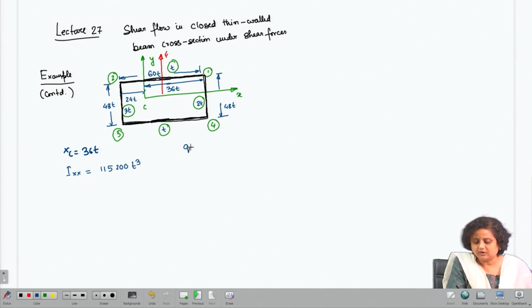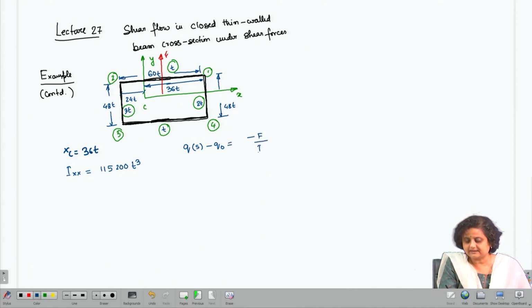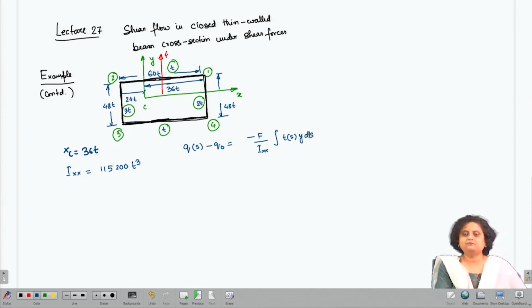We have also found out that Qs minus Q0, because the cross section is symmetric about the x axis, is F by Ixx times the integral of Ts into y into ds. I have written it as Ts instead of T because, unlike most of the examples we have solved, here the thickness is varying in different portions of the cross section.